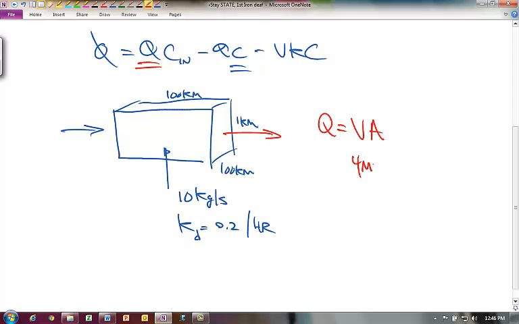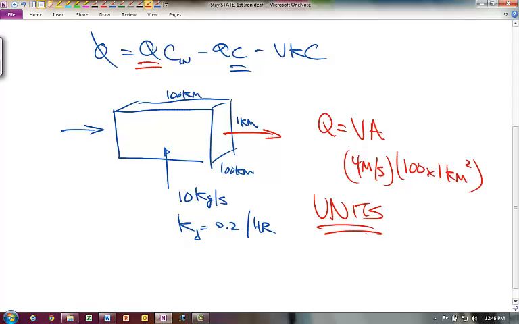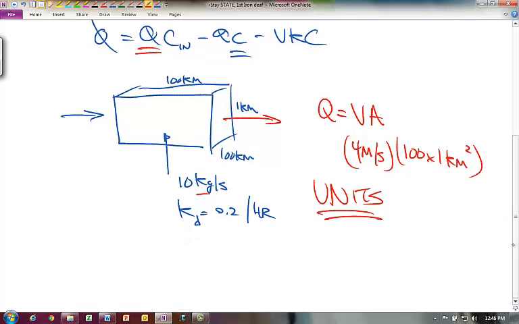Here we have 4 meters per second as our velocity coming in, and our area is 100 by 1 kilometers squared. The key here is to make sure that all the units are correct. We've got emissions provided in kilograms per second, and we want to find this concentration in units of micrograms per meter cubed of air.